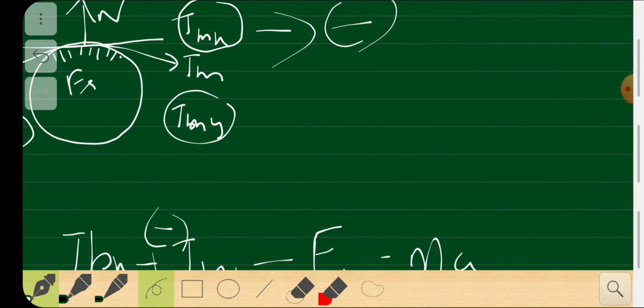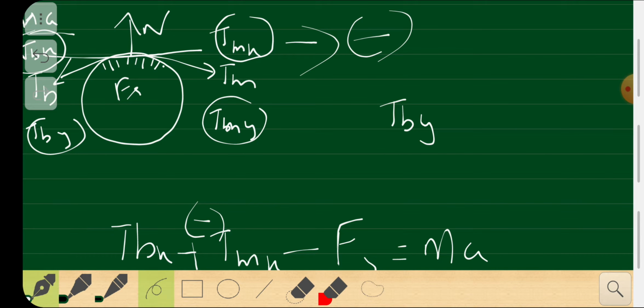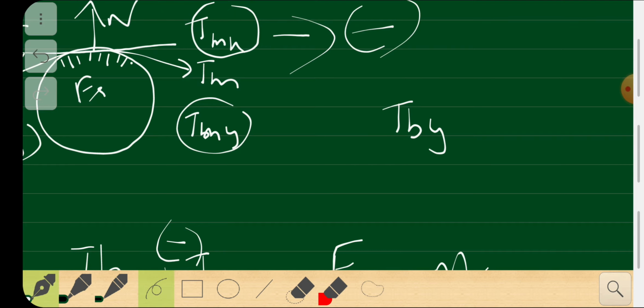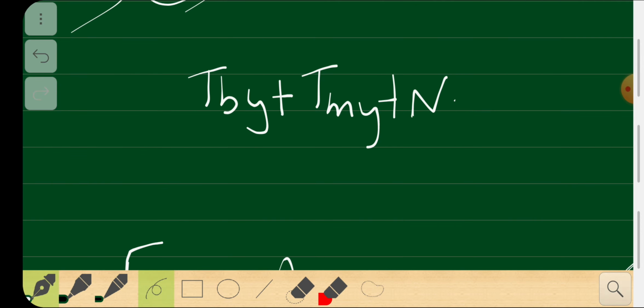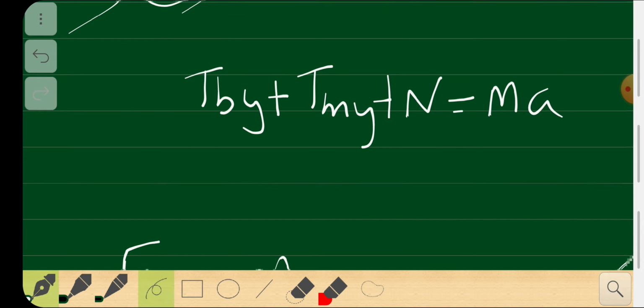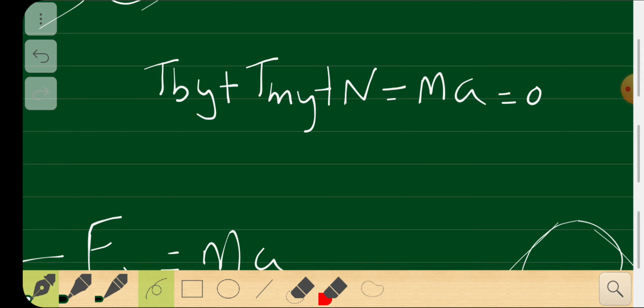So you have TBy and TMy both pointing in the downwards direction. I'm taking it as positive, that's much easier. So TBy plus TMy plus N must be equal to ma again. If it is equilibrium, then it will be equal to 0.